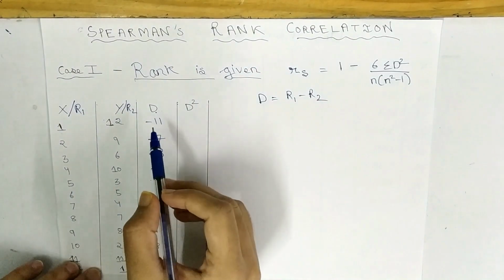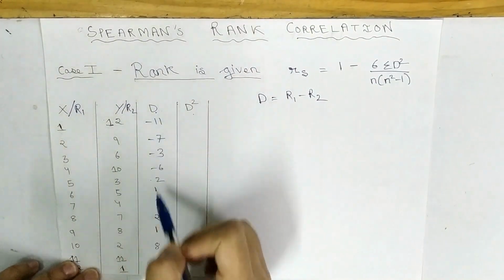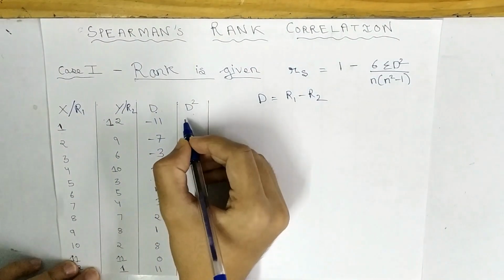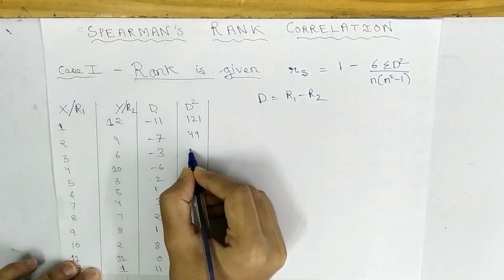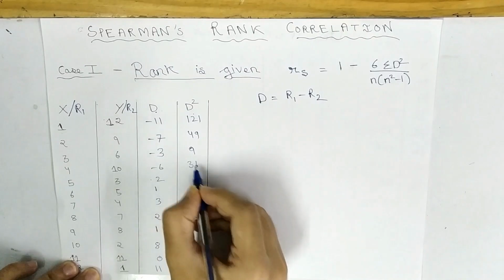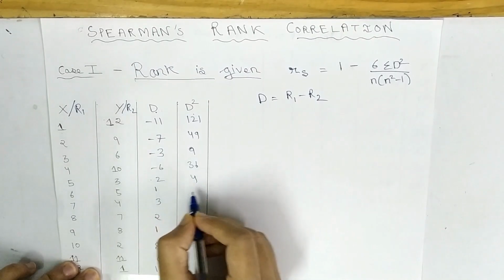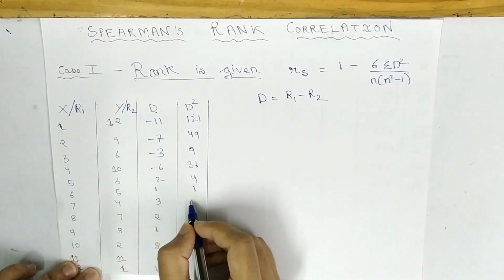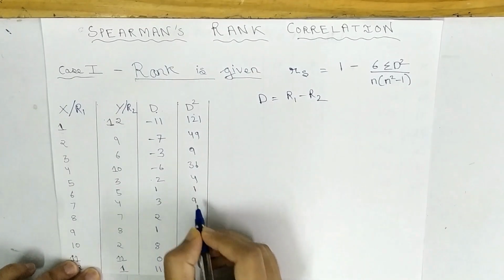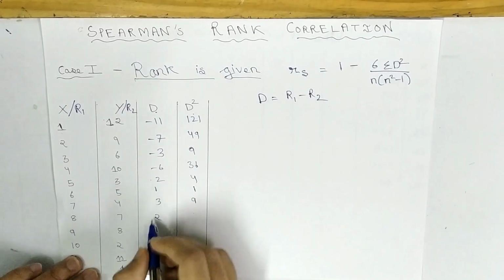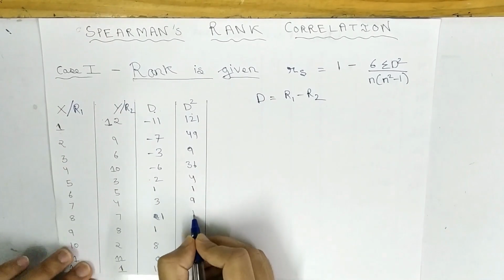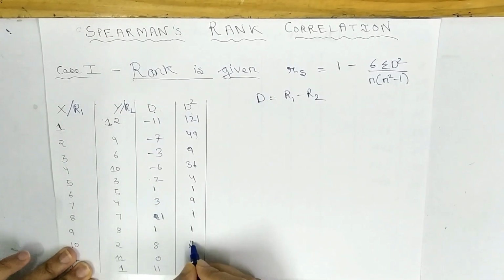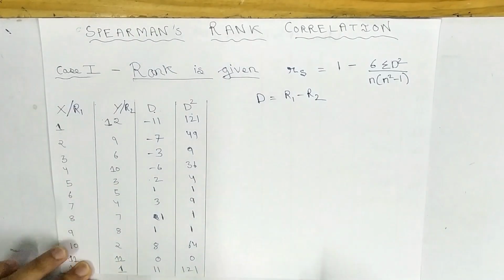Now we have to square this column. The square of this is 121, this is 49, this is 9, this is 36, this is 4, this is 1, this is 9, this is 1, this is 1, this is 1, this is 64, this is 0, this is 121.